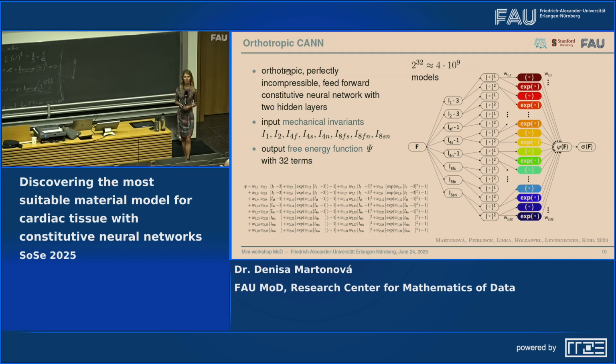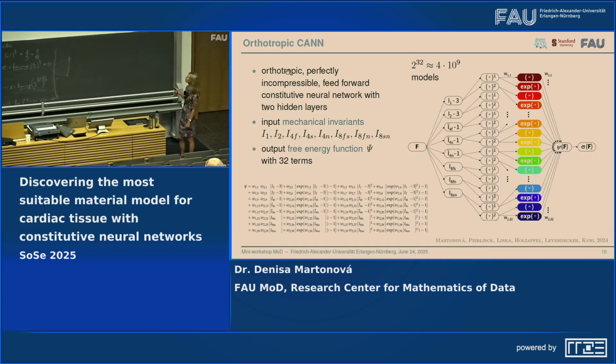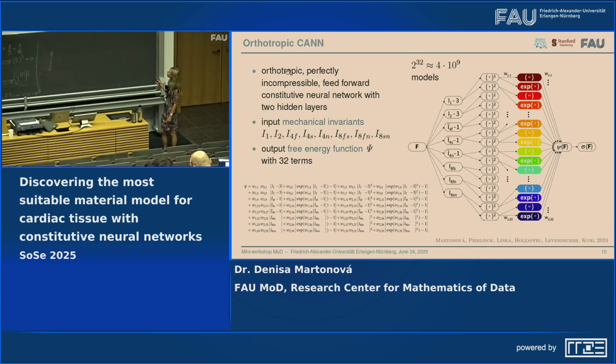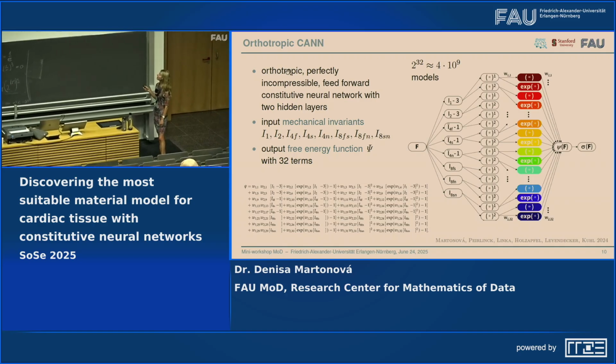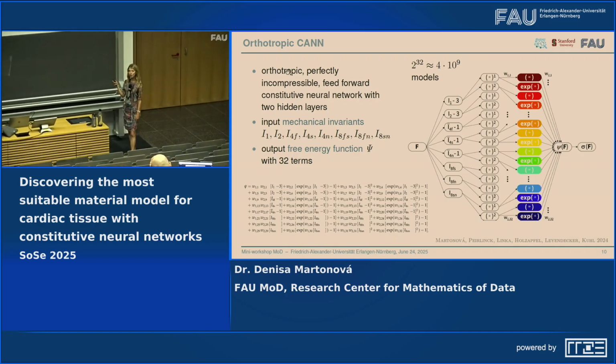As we have orthotropic tissue, we have defined 8 invariants as the network input, and then we propose 2 layers. The first layer applies powers to these invariants. The second one applies exponential and identity functions, which are all convex. And the network output is the free energy function from which we can again derive stresses.